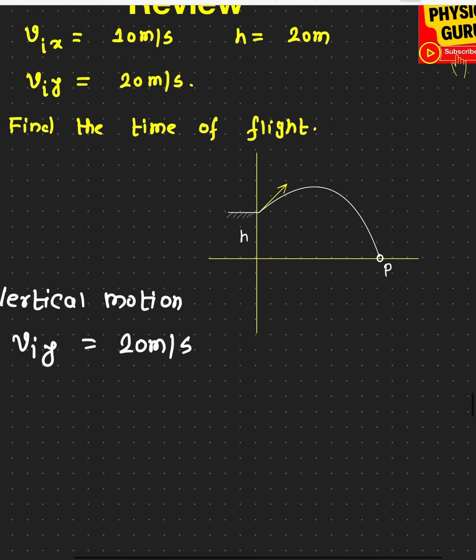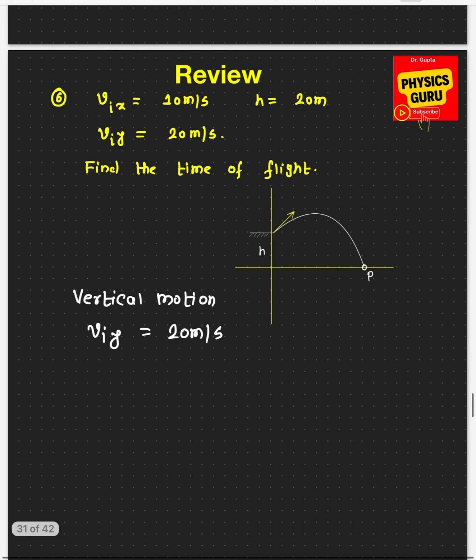So I know my initial vertical speed here, VIY, and the height is given. What's the height? The height is 20 meters.